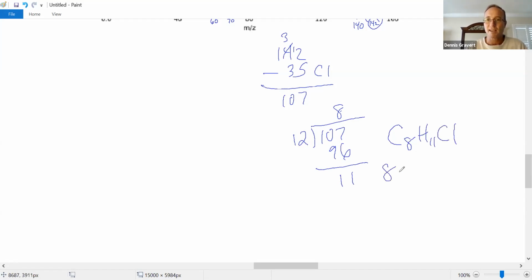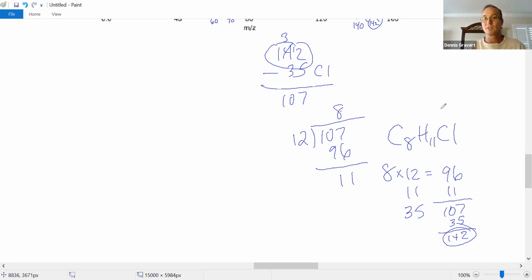Check my math: 8 carbons weigh 12 each, 8 times 2 is 16, 8 and 1 is 9. 11 hydrogens, that's 7, 107, and the chlorine, 35, that's 12 again, carry a 1, that's 142. Good, 142 is what we said the parent peak was. So this is a good chemical formula.